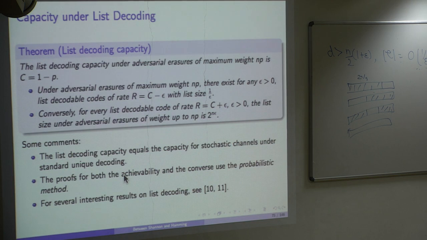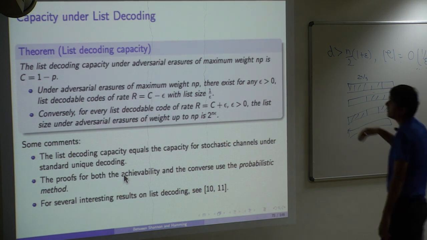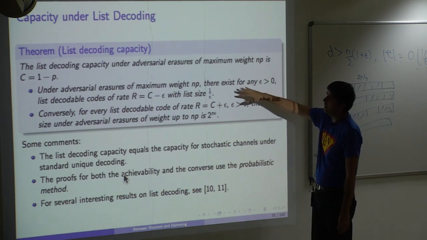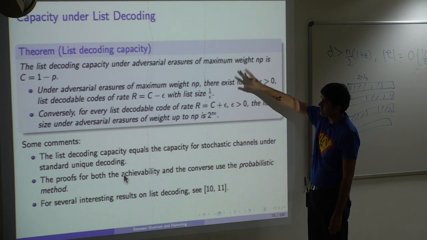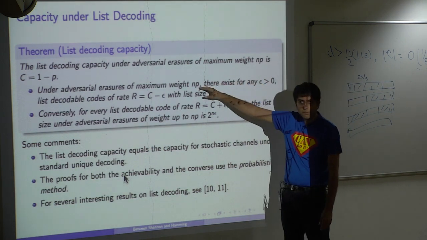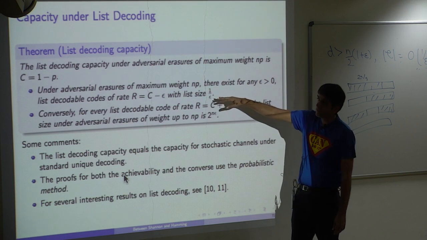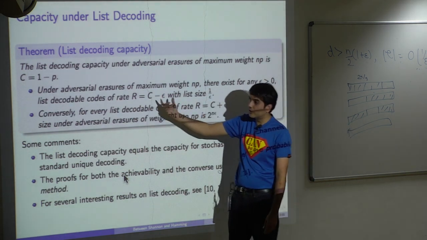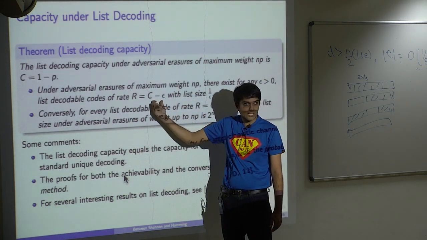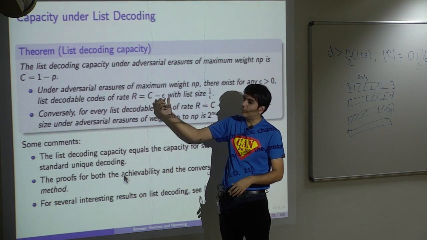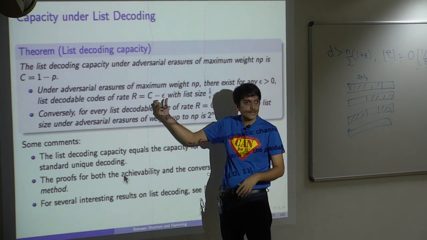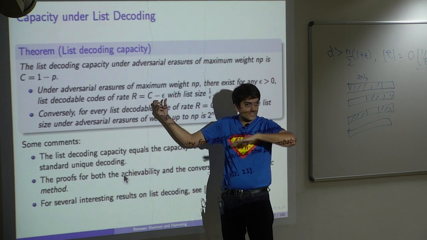Okay, so we'll try to argue that under adversarial erasures, where the adversary can erase at most np bits, there are codes which are list decodable at rate C minus epsilon, where C is 1 minus p, so basically the Shannon capacity of this channel.